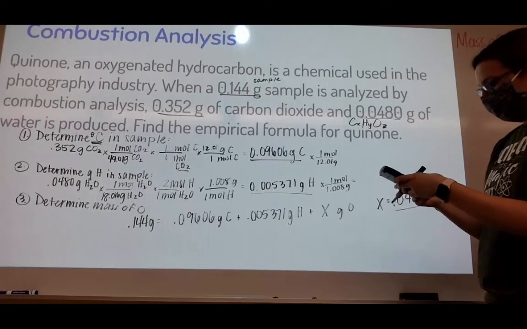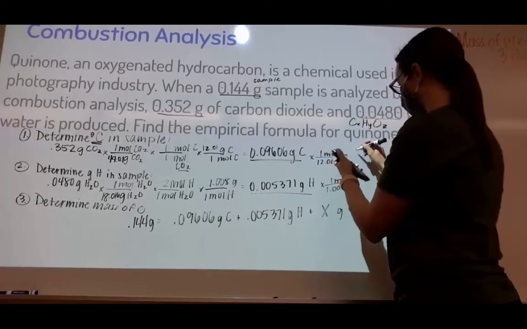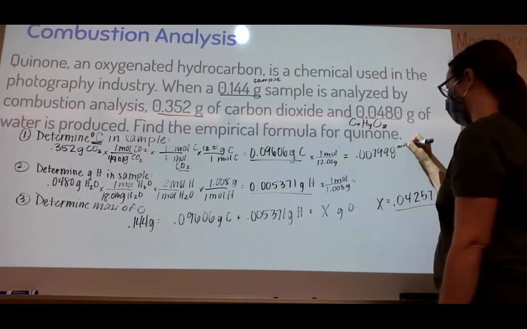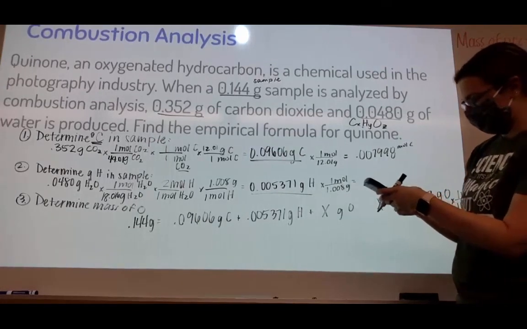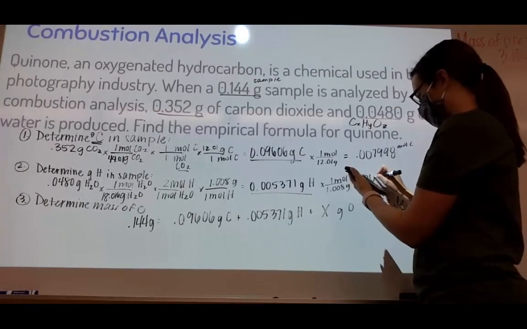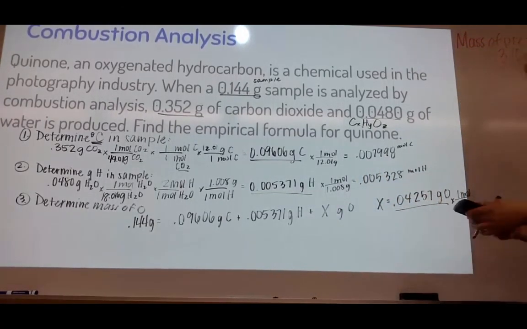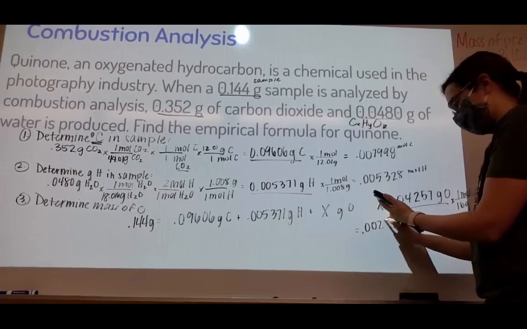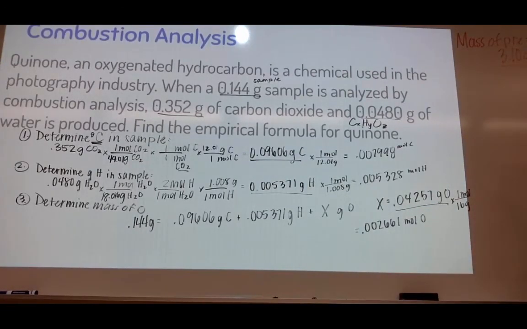So if I do 0.09606 divided by 12.01, that's 0.007998 moles of C. 0.05371 divided by 1.008 gives 0.05328 moles of H. And then if I do 0.04257 divided by 16, that's 0.002661 moles of O.